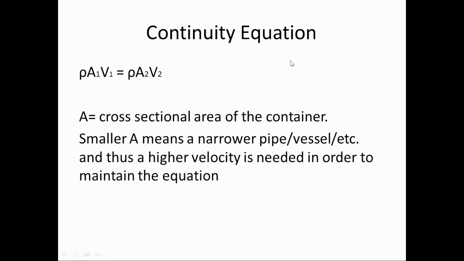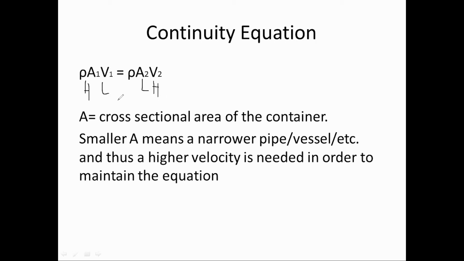right? Again, smaller cross-sectional area means a narrower pipe or vessel, and thus you need a higher velocity in order to maintain the equation. Again, as you guys mentioned for the previous equation, if going from a high to low area, obviously the velocity would increase in order to maintain the equilibrium, right?